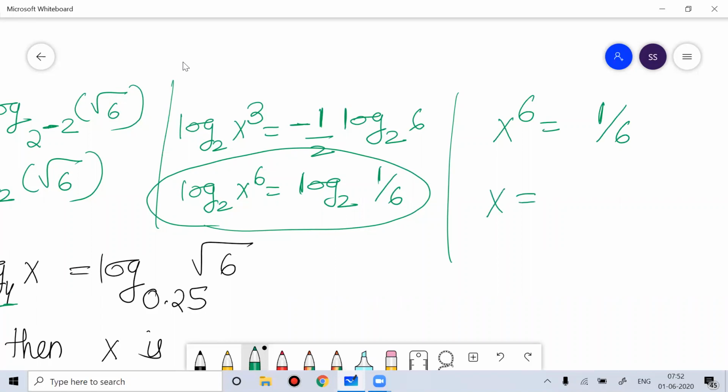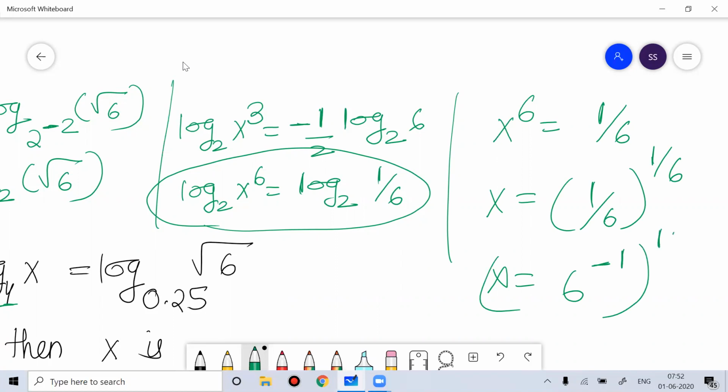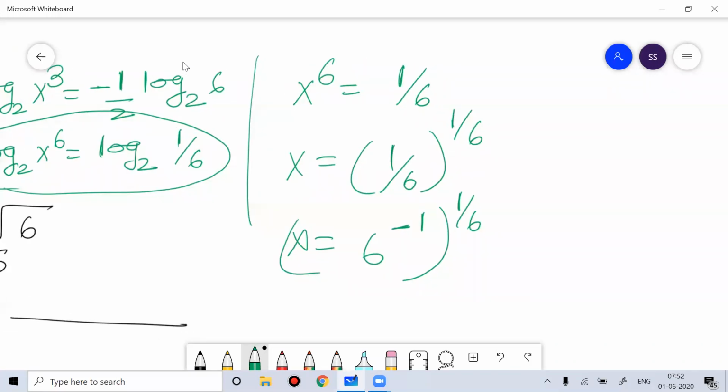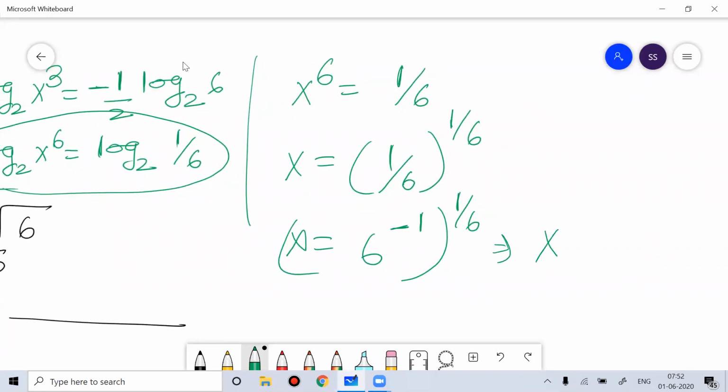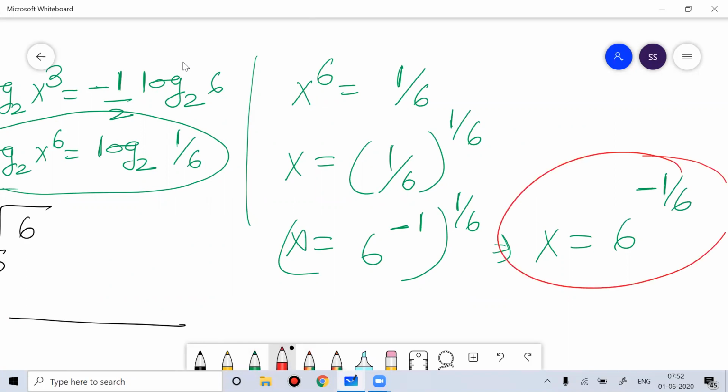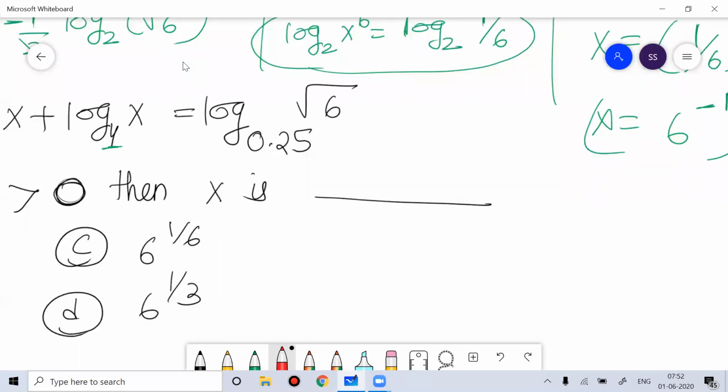So x is equal to 6 to the power minus 1, to the power 1 by 6. The value of x is 6 to the power minus 1 by 6.